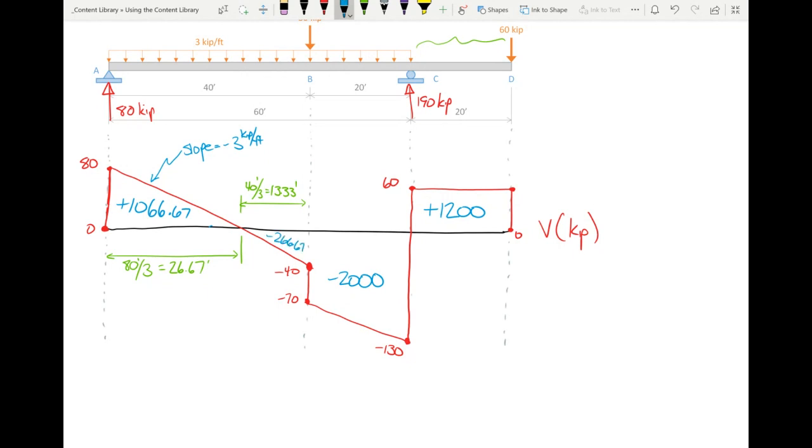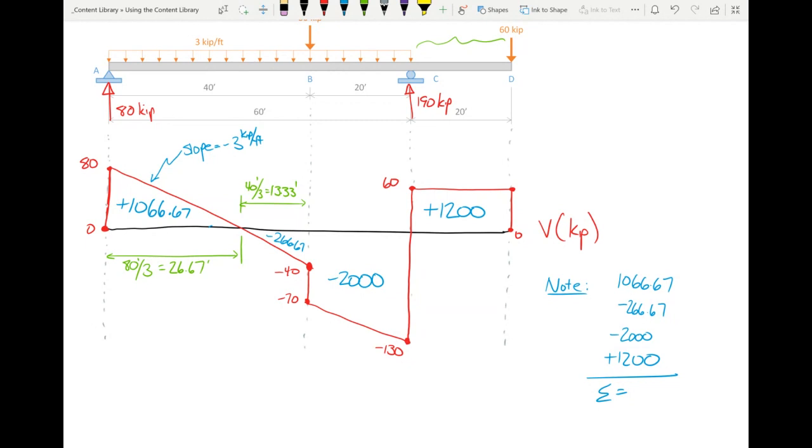And just here off to the side, here's our 4 areas. If you sum up those 4 areas, you get 0.